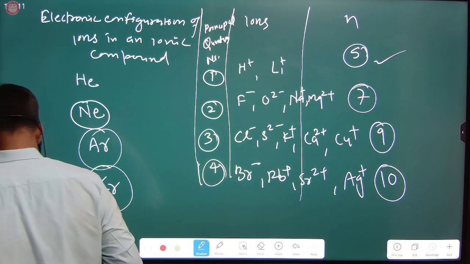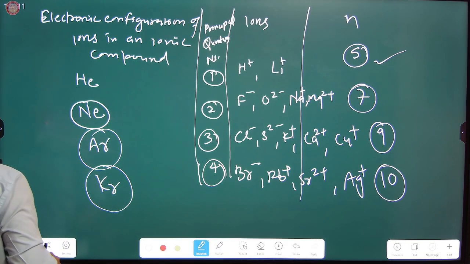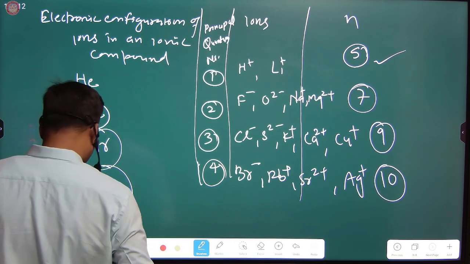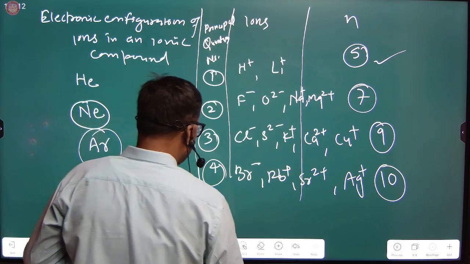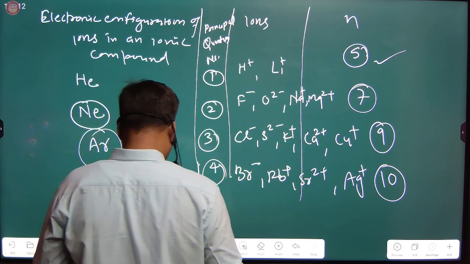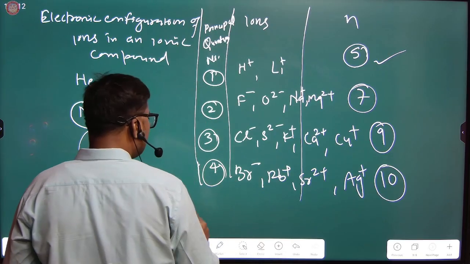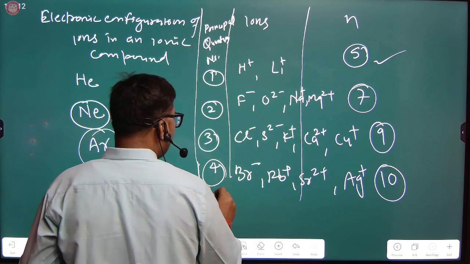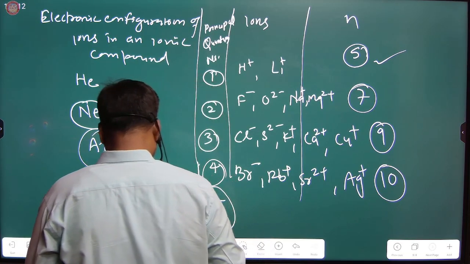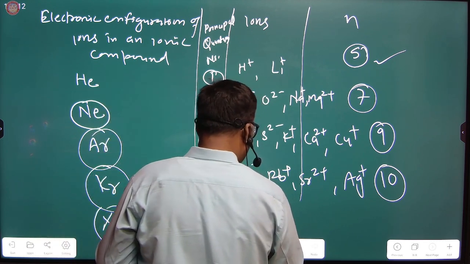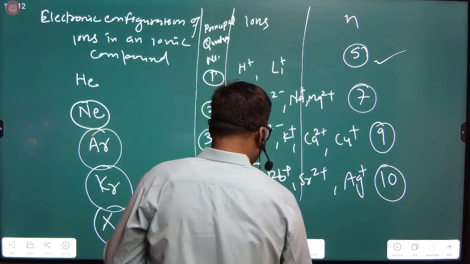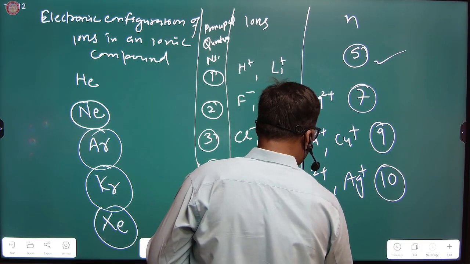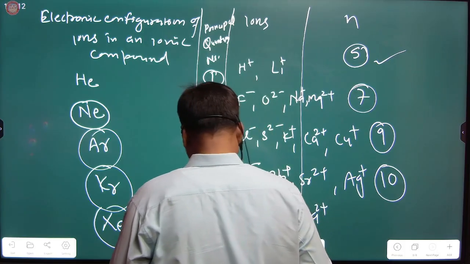And in the case of xenon electronic configuration, the principal quantum number approaches 5, and the ions are I minus, Cs plus, barium 2 plus and Au plus.